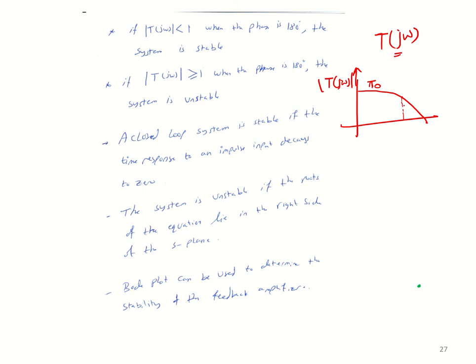For example, here you get a 3 dB frequency. Similarly, we can plot the phase. The typical phase plot looks like this, and it goes like this. This is the omega frequency and this is the phase.